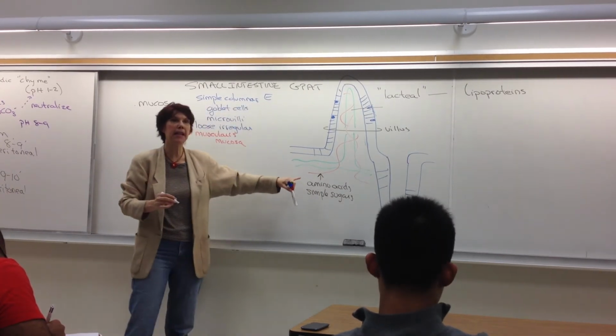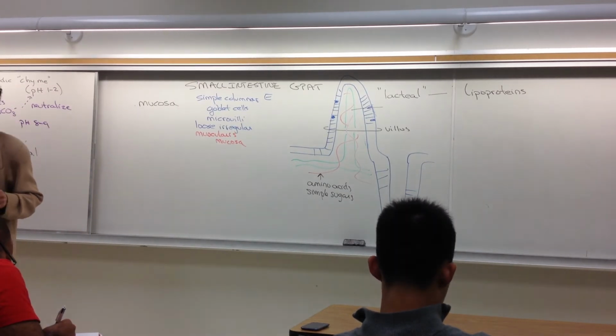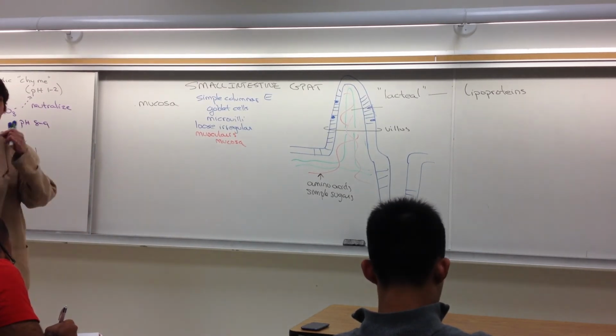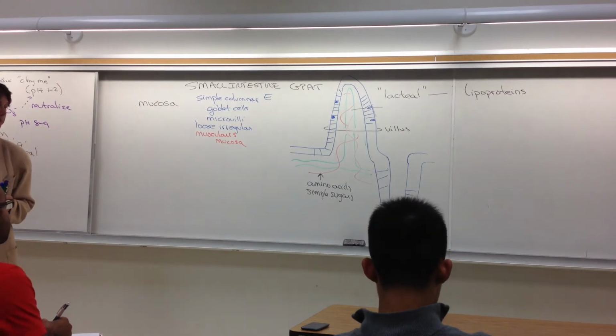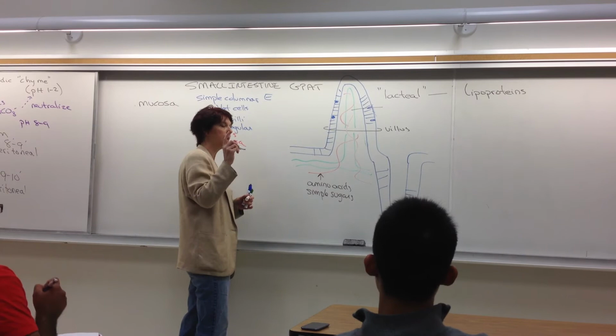Now, if we take a moment here, what happens to the capillaries of the small intestine? They form into venules, and what would be the vein carrying blood away from the small intestine? Which one? No, small intestine.